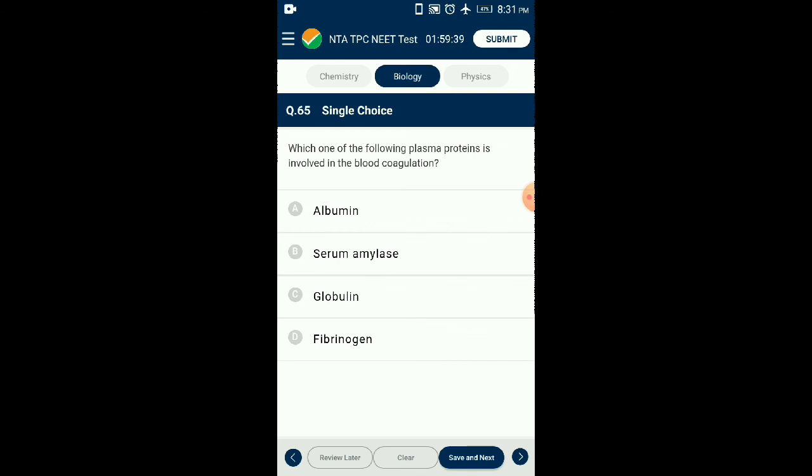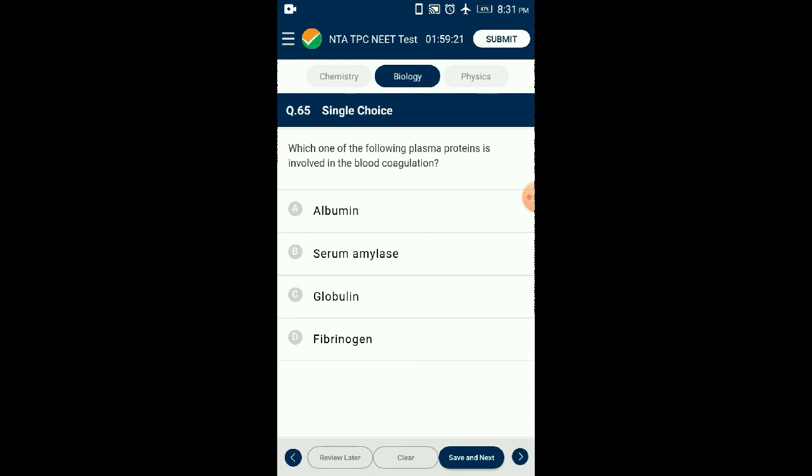Question number 65. Which one of the following plasma proteins is involved in blood coagulation? Blood is a connective tissue composed of 55% blood plasma and 45% formed elements. That means blood cells.